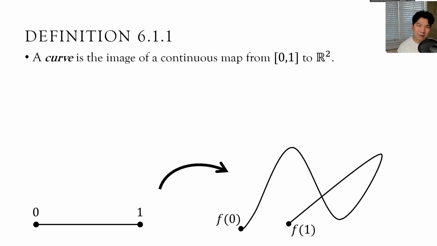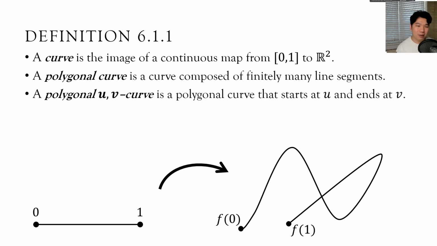The next definition I have for y'all is a polygonal curve. A polygonal curve is also a curve, as you probably guessed from the name, but it's composed of finitely many line segments. Remember that we consider a line segment to essentially be a straight line. What I have here on the right is not a polygonal curve. It's still a curve, but it's not polygonal, because clearly we do not have a union of straight lines here.